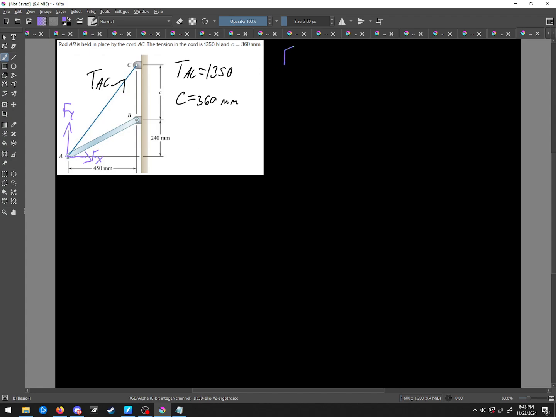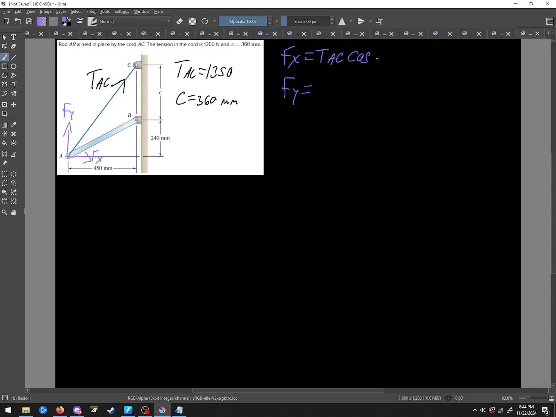So let's find f of X and let's find f of Y. I don't think I need those. I think I can just say they equal TAC, and this is why we're given the height of C and all that, because we're gonna need to find the angle.